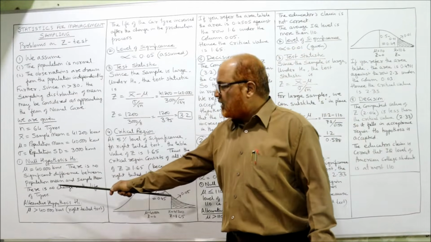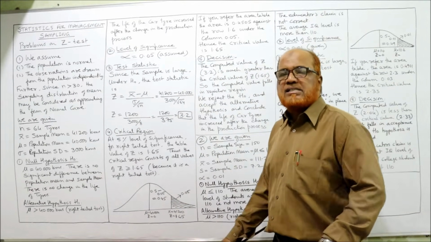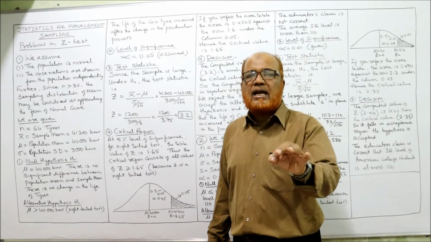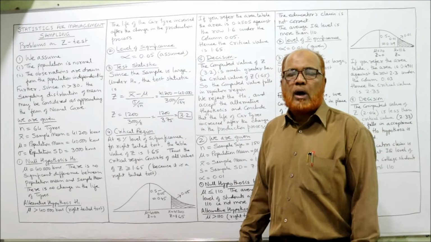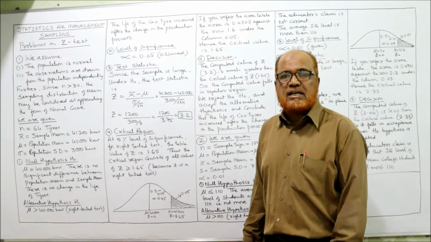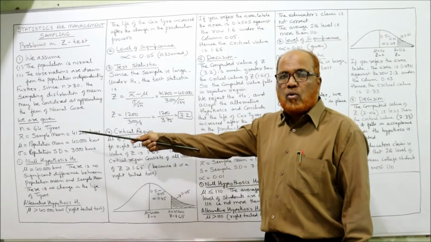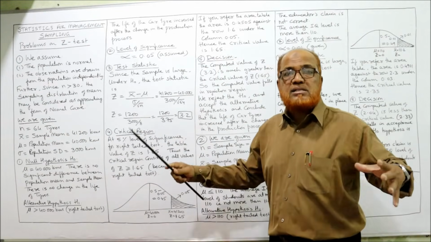Two steps done. The first step, null and alternative hypothesis. Second, level of significance. Third, test statistic. Here we have to apply the formula to calculate the computed value of Z. Since the sample is large, because it is more than 30, the sample size is 64, it's called a large sample.